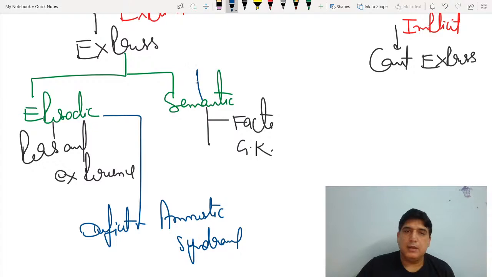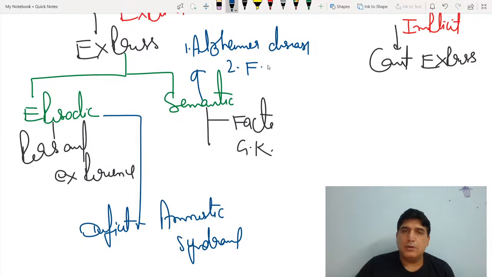Semantic memory deficit we have in Alzheimer disease, particularly frontotemporal dementia. So for exam point of view, just remember semantic memory deficit in Alzheimer disease and frontotemporal dementia, and episodic memory deficit in amnestic syndrome. Episodic is about personal experience. Semantic memory is about facts or knowledge, objects, people, general knowledge. Okay.